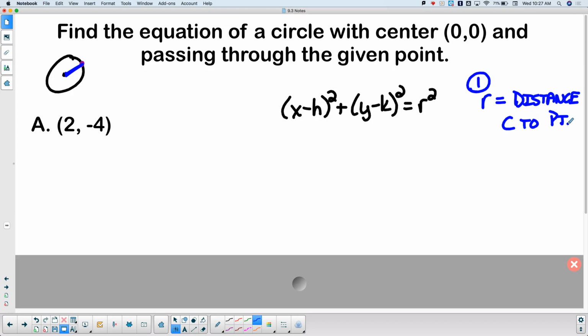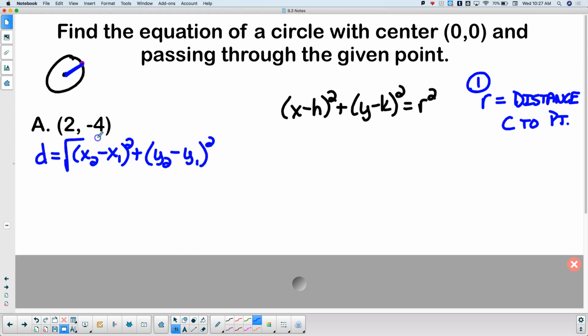Distance formula again was what? Okay? x sub 2 minus x sub 1 quantity squared plus y sub 2 minus y sub 1 quantity squared.